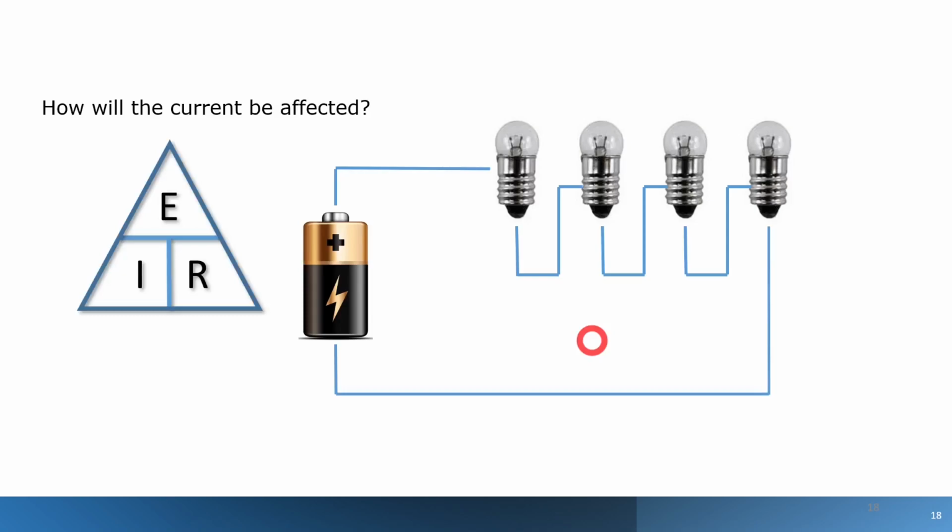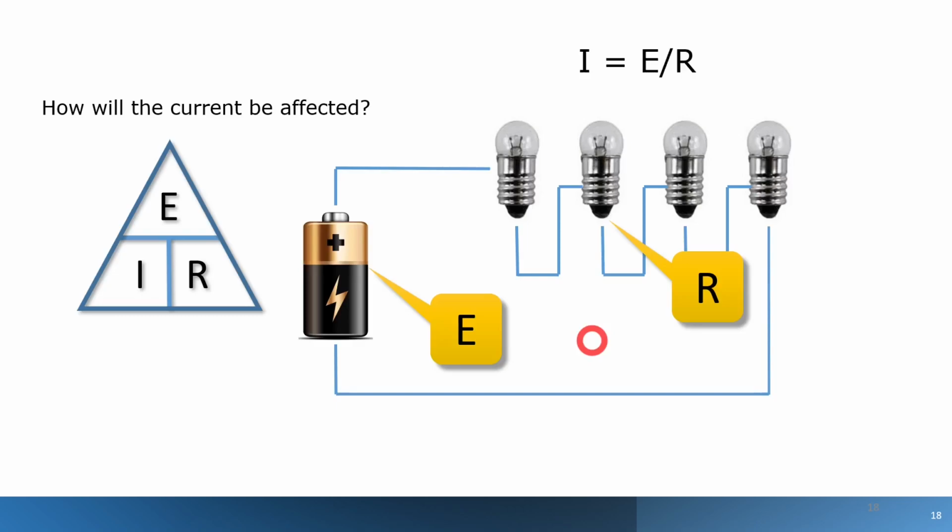So we're going to use our Ohm's triangle, and our battery is going to be our E, that's our voltage, and all of our light bulbs together is going to be our resistance, or the R in our equation, and I equals E divided by R. And if you notice, if R goes up, that means the denominator is going to be bigger.